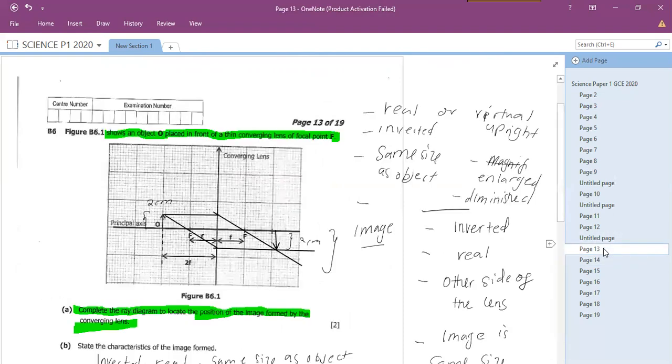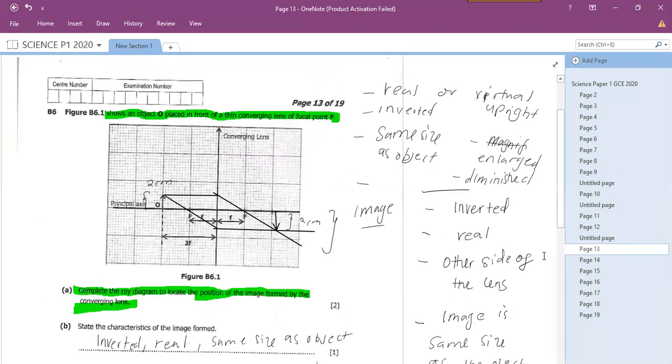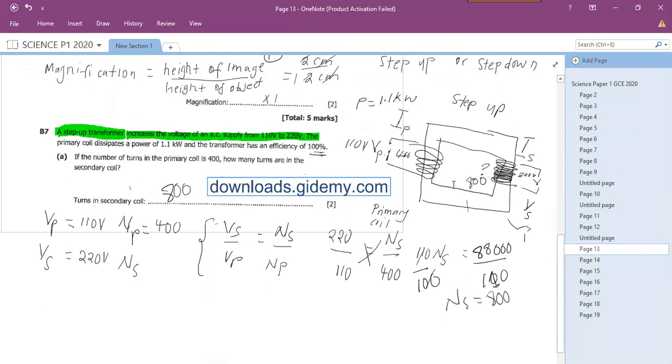So now the question has come, which says, how much current flows in the primary coil? So I told you here, we have got a voltage in the primary coil and current in the primary coil, meaning we have all the necessary information to answer this question very easily because we have got voltage in the primary coil and we've been given the power.